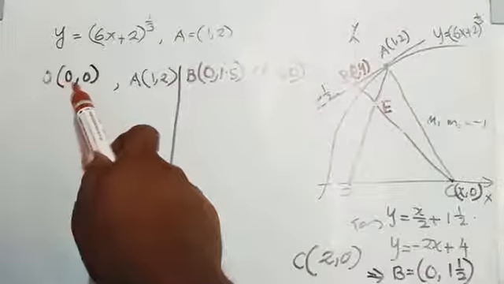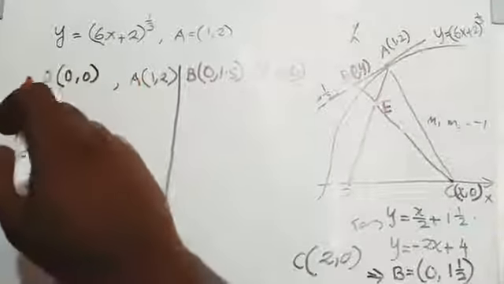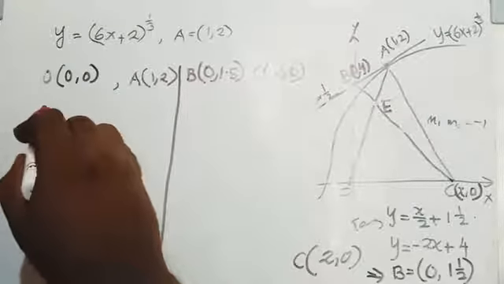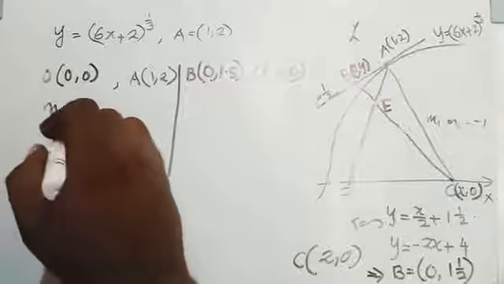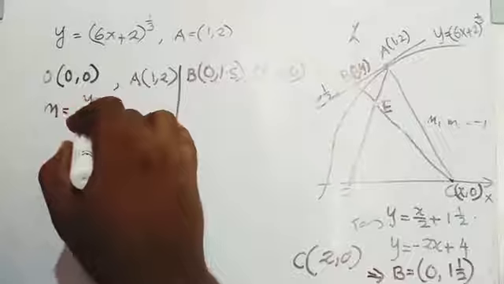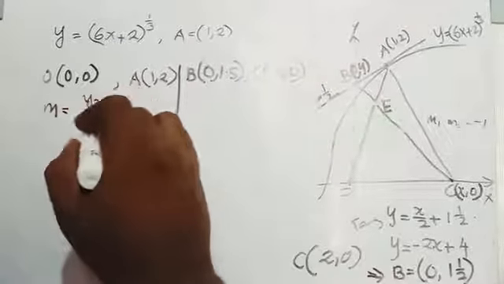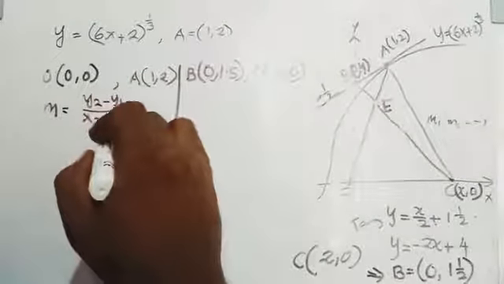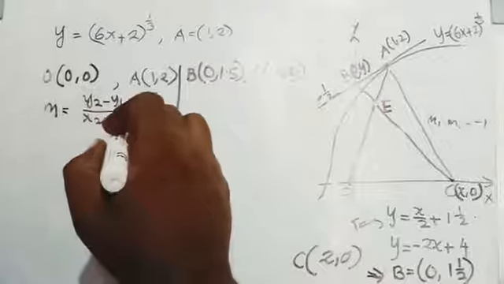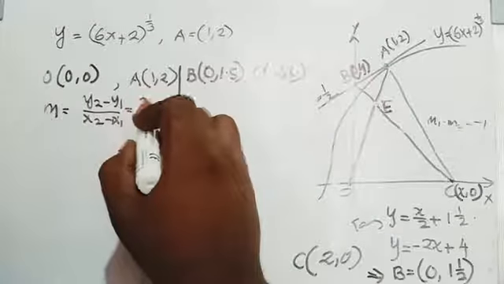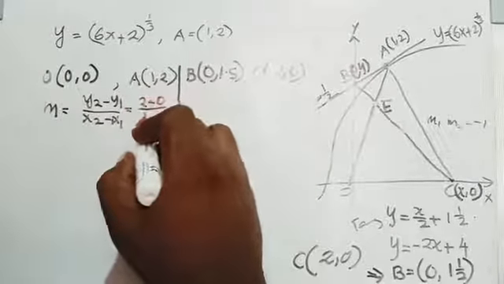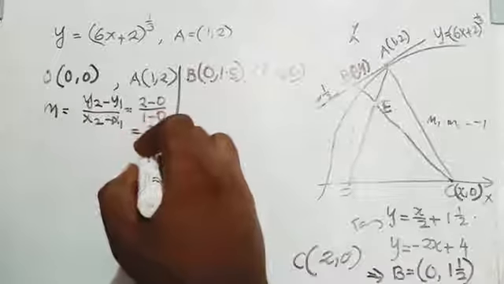So OA is O (0, 0) and A (1, 2). If you find the gradient of OA, it's y2 minus y1 by x2 minus x1, that is 2 minus 0 by 1 minus 0, which is equal to 2.